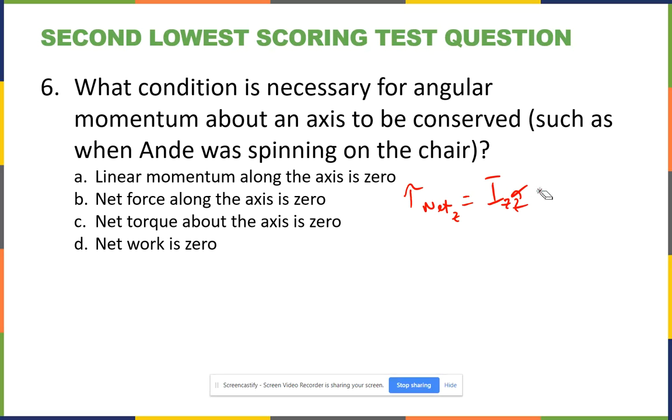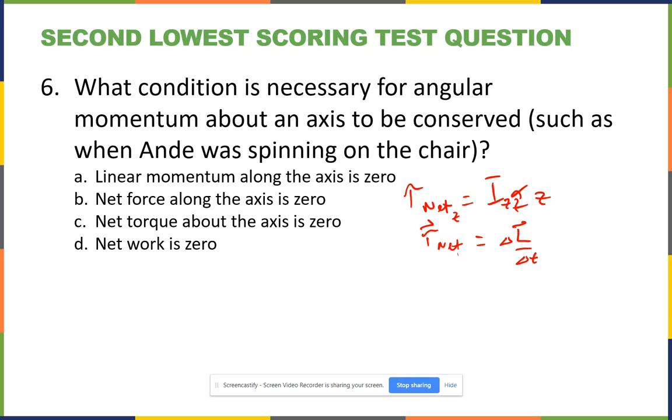And this is absolutely correct, but that's also equal to change in angular momentum over change in time. They're the same equation, just like in Newton's second law, 2 different ways of writing it.